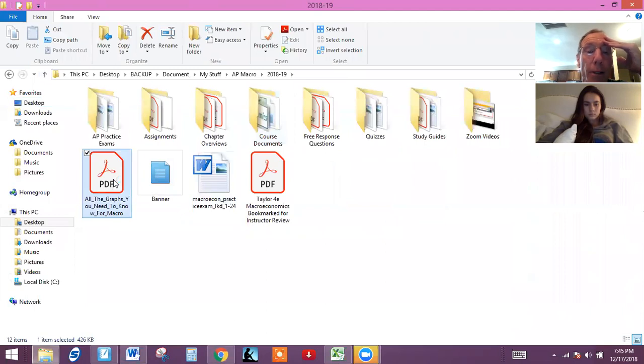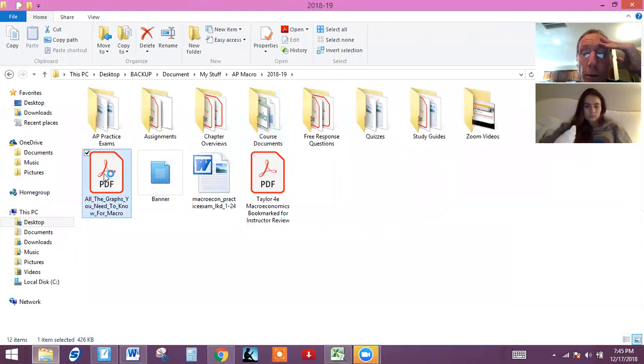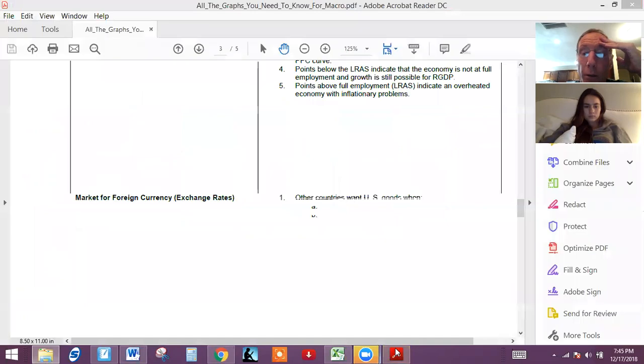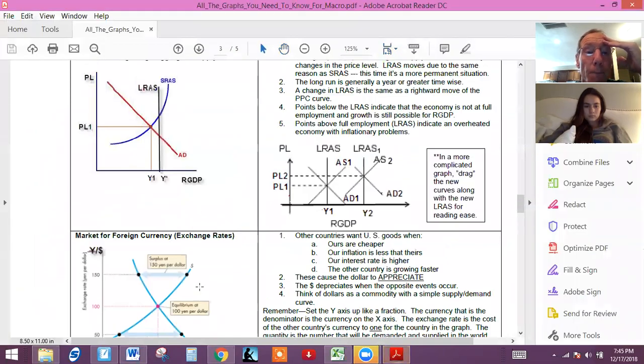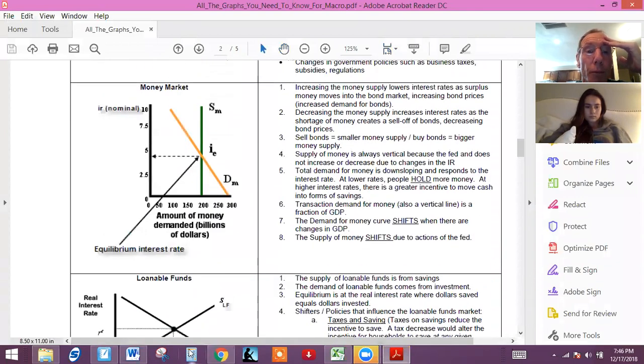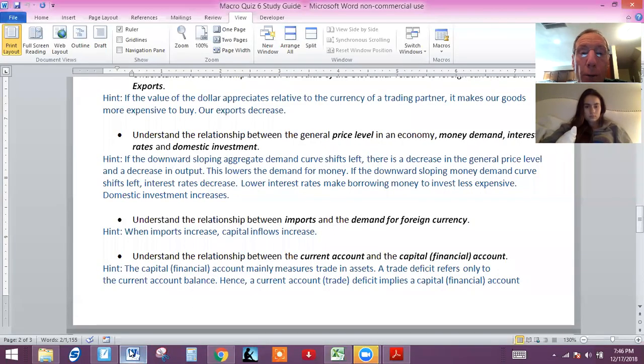The money demand and supply curve, okay, here we go, is right here. So when this money demand shifts to the left, it's going to mean that the interest rate also drops. So that's all those variables.